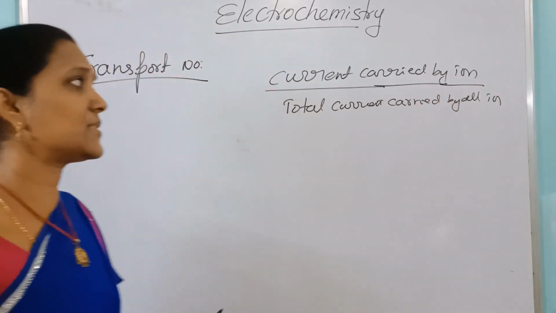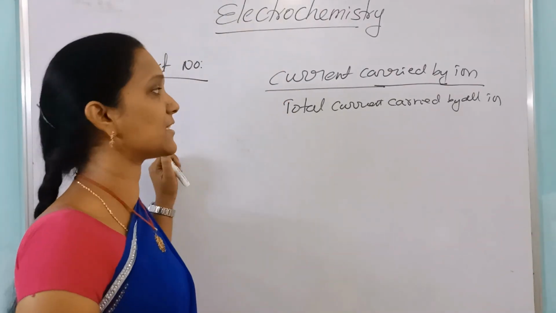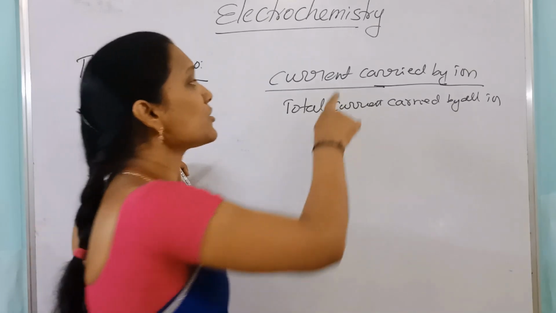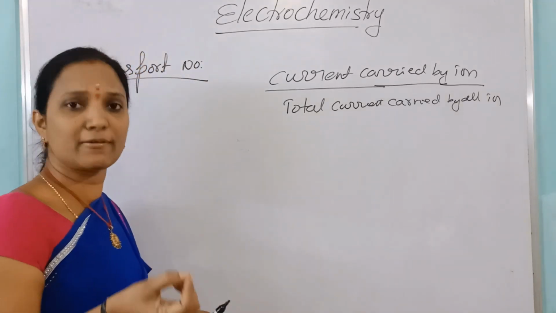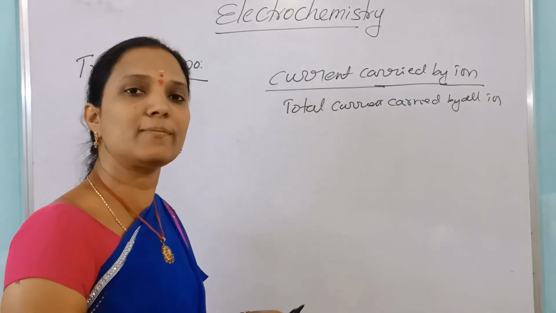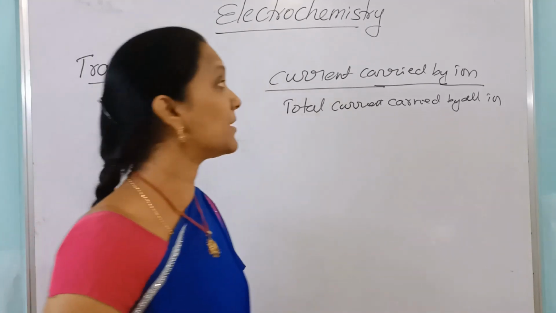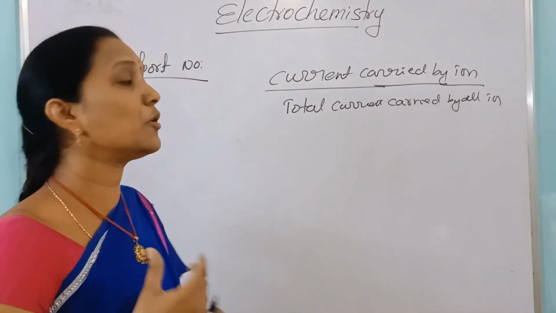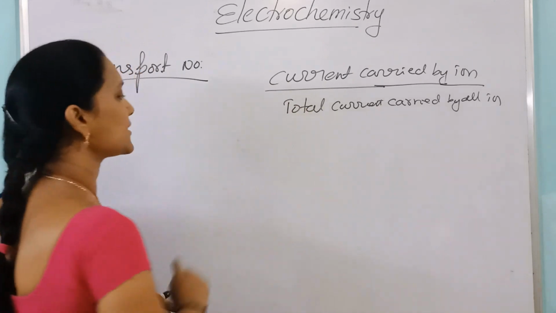So each ion carries how much current? The ratio of current carried by one ion to the total current carried by all the ions, that is called transport number. That ratio is transport number.